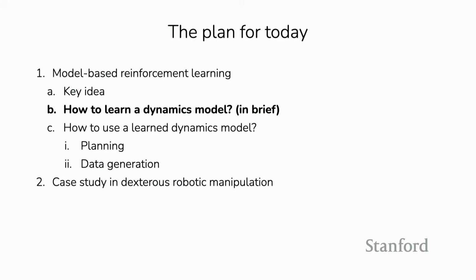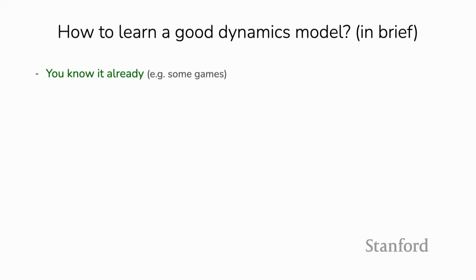Now let's talk briefly about how to learn a dynamics model. We don't have too much time to cover this, so we'll just talk about it briefly, and then we'll spend most of the time on how to use a dynamics model. Okay, so in terms of learning a good simulator or a good dynamics model, there are some scenarios where you might know it already, and you could just use it, and then you're in great shape.